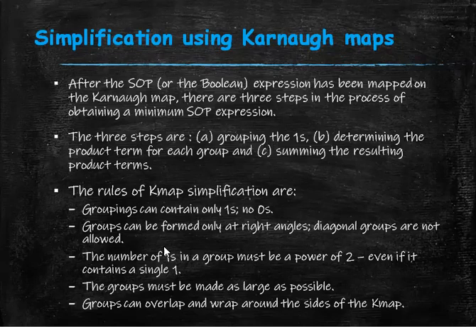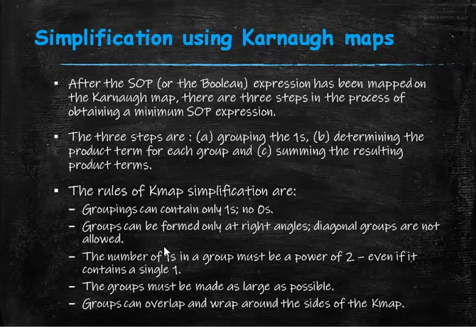The rules once more. Groups can contain only ones, no zeros. Groups can be formed only at right angles. Diagonal groups are not allowed. And the number of ones in a group must be a power of 2.